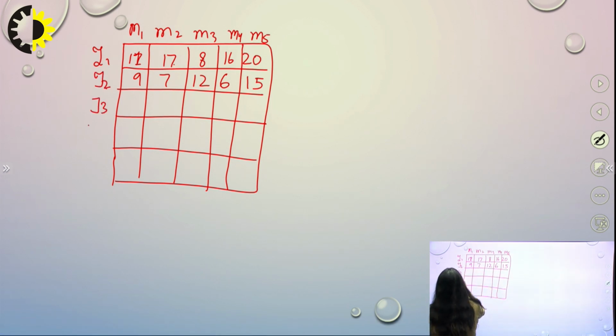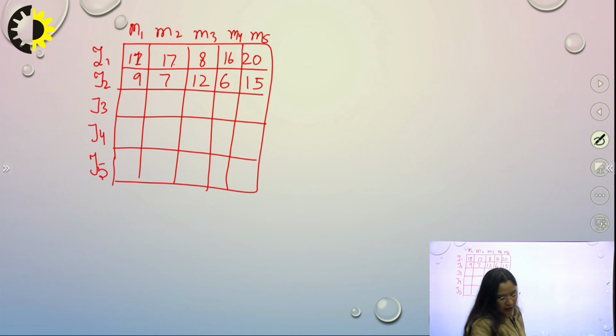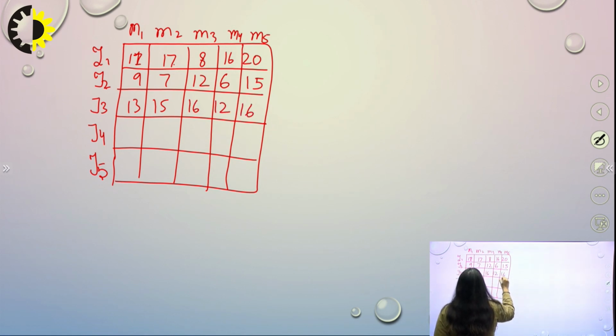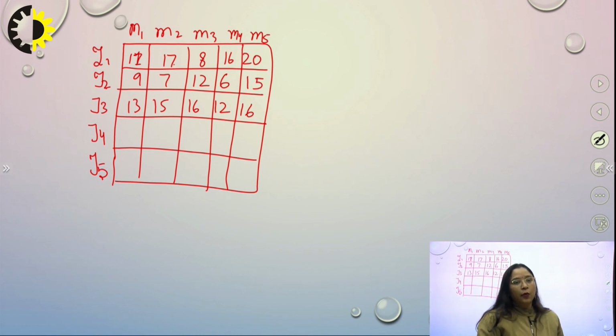Similarly, job J3, job J4, and job J5. In J3, it is 13, 15, 16, 12, 16. These are the costs which will be incurred while operating a job on a different machine.